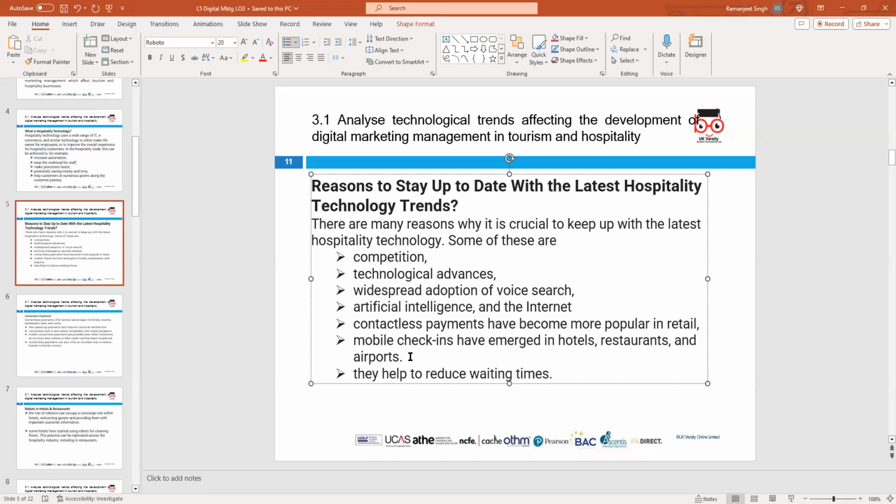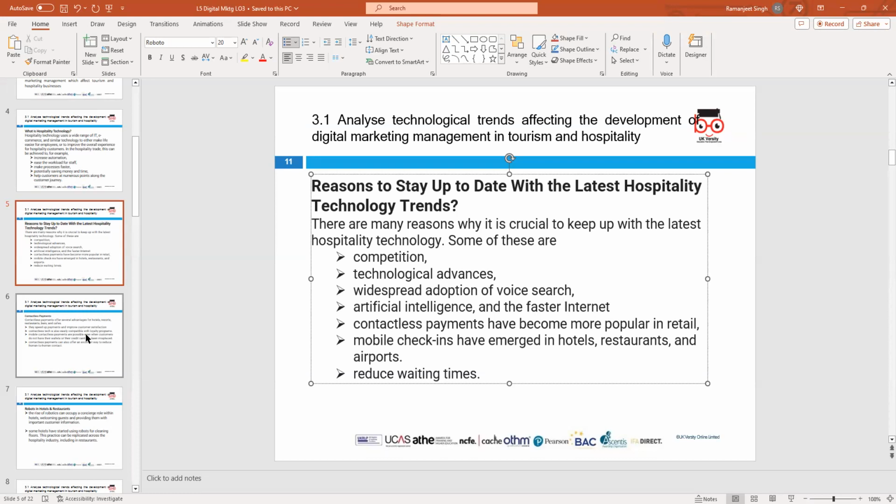Understand? So they help reduce waiting time. Okay, I'll put this one here. These are the reasons, and there are other reasons. These are not exclusive, these are some of the many reasons. There's a lot of technology about, a lot of competition, a lot of artificial intelligence, a rise of faster internet, and contactless payments have been rising.